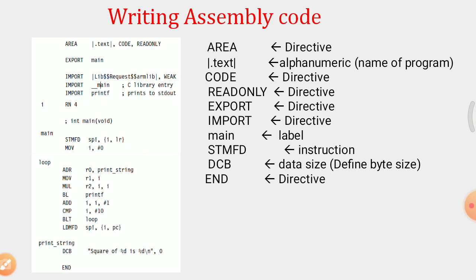The label is the start of the code. Here we can see main is written before the start of the main program, and the same main label is written in front of the EXPORT directive.